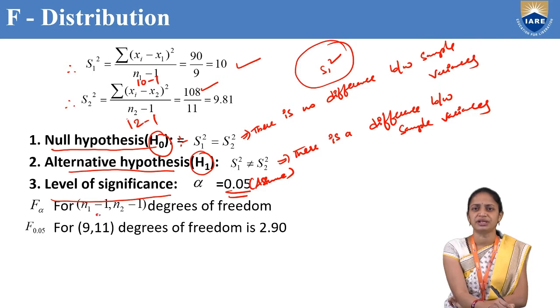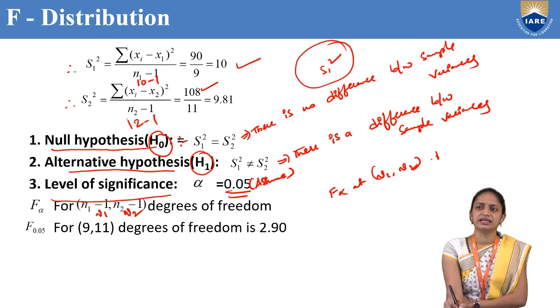So n1 minus 1 is nu1 and n2 minus 1 is nu2. So we need to find F alpha at nu1 comma nu2 degrees of freedom, where nu1 equal to n1 minus 1 and nu2 equal to n2 minus 1.